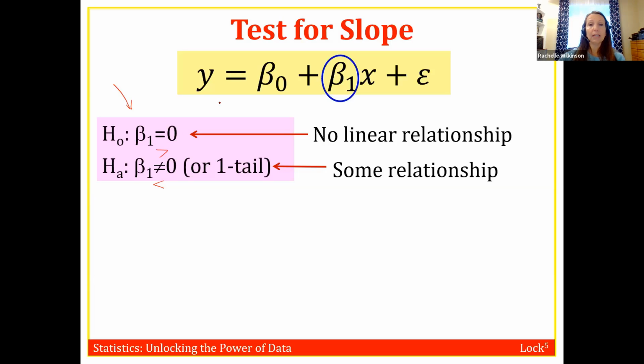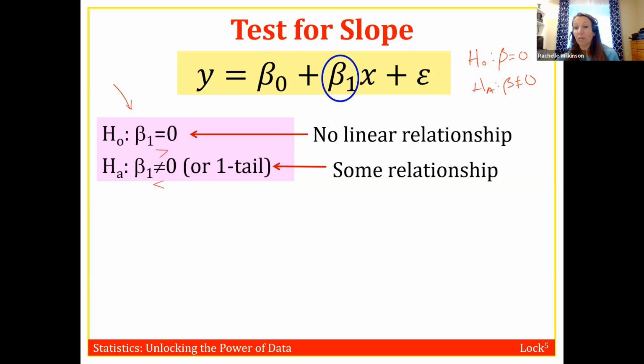The other thing is I have two betas here: a beta naught and a beta 1. The one that I want to use to write my hypothesis about is beta 1. So when I write my hypothesis, I need to make sure I have that subscript in there. If you write your hypotheses by just saying beta equals 0 versus the alternative that beta not equal to 0, then I'm going to look at that and say, I have no idea if they thought they were doing a test on the intercept or the slope.